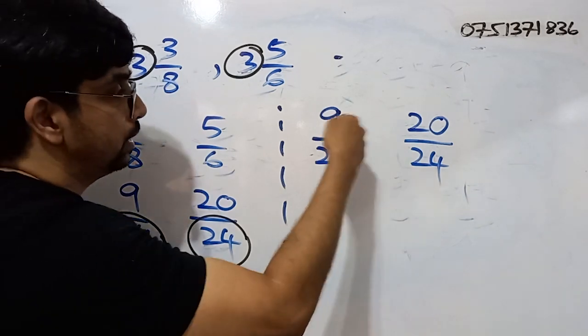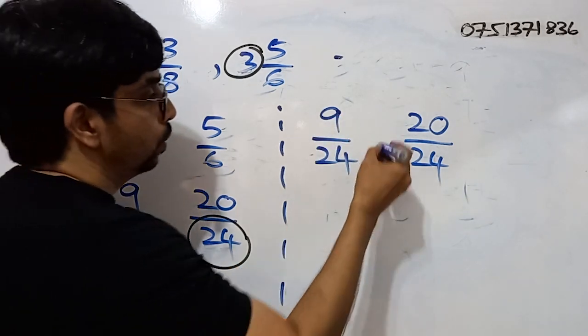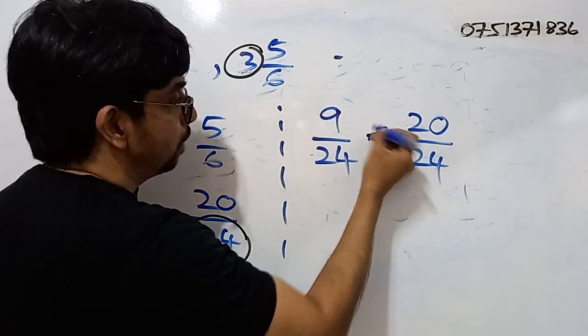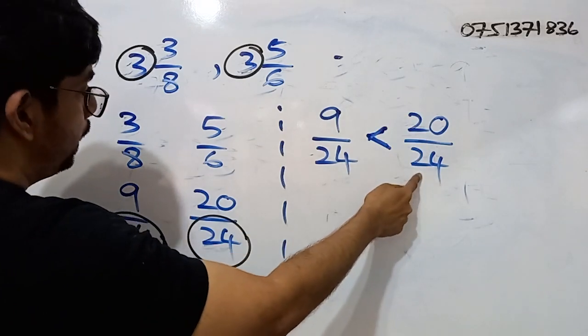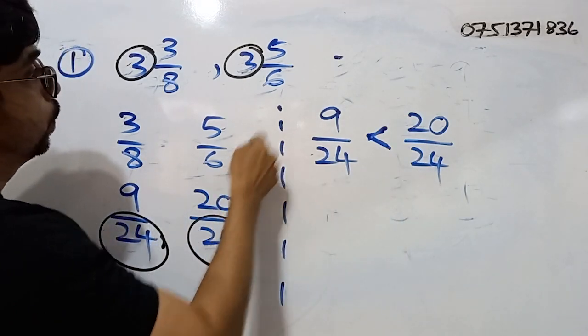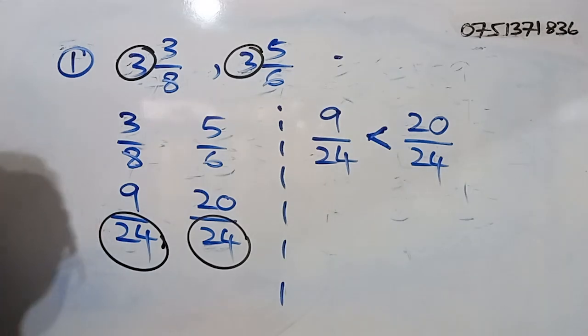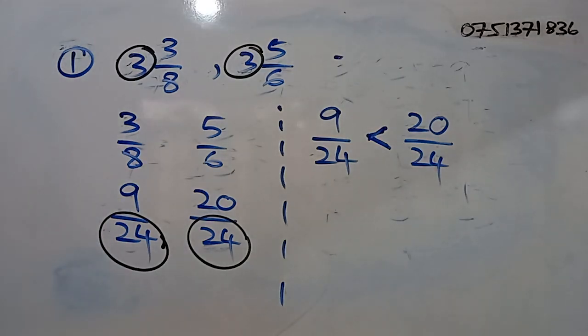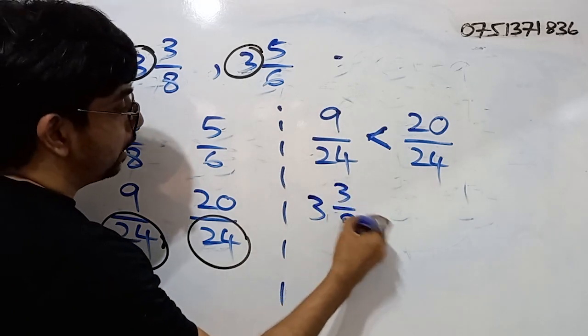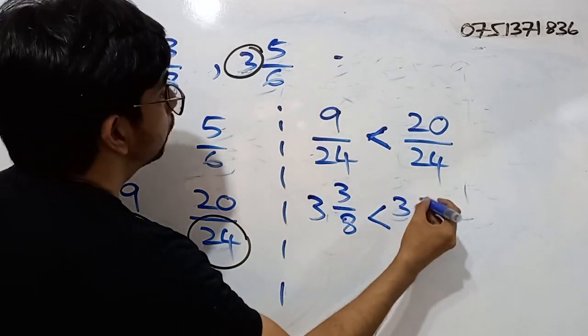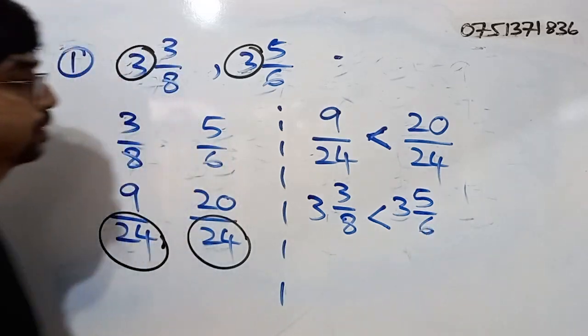So 20 is larger than 9. So we can write in this manner: 20 by 24 is larger than 9 by 24. So 20 by 24 means 5 by 6, that belongs to this mixed number, which is 3 and 5 by 6. So 3 and 3 by 8 is less than 3 and 5 by 6.